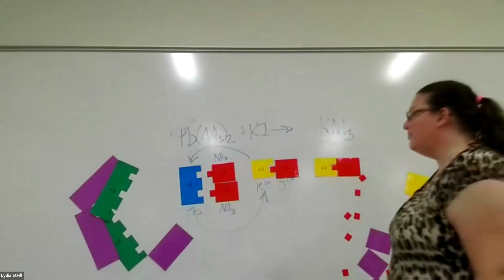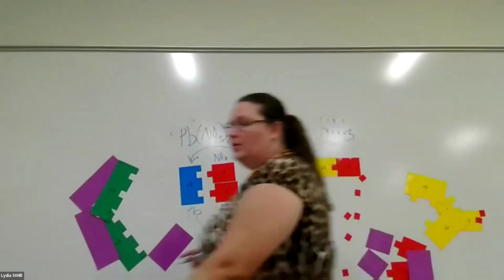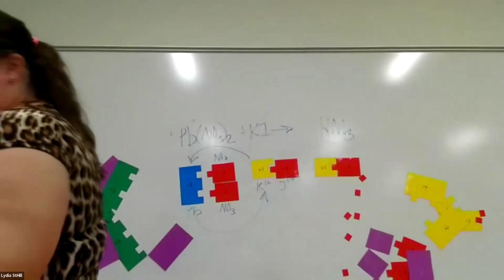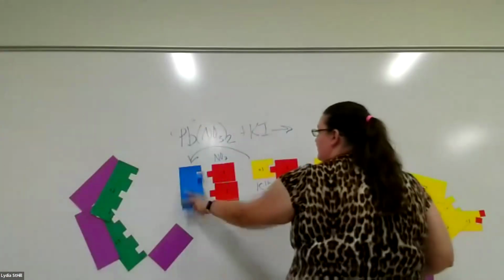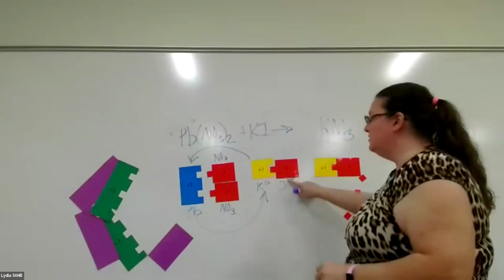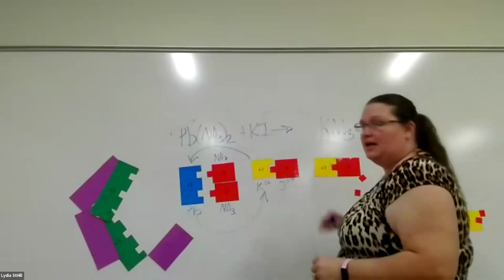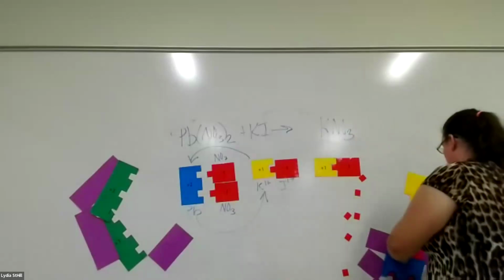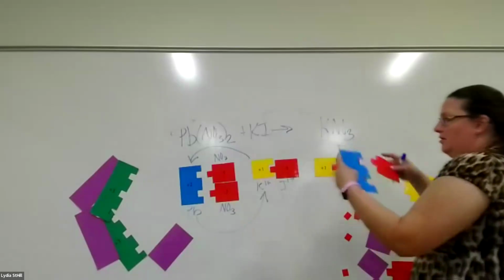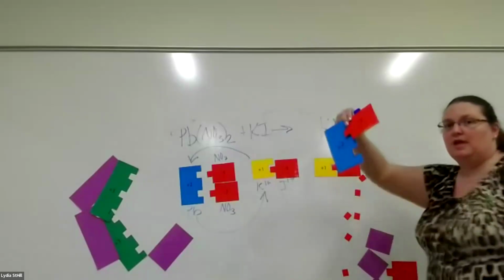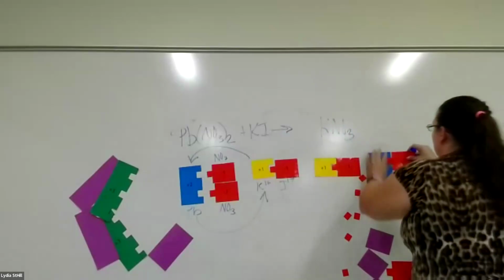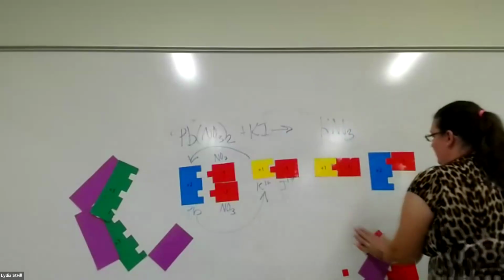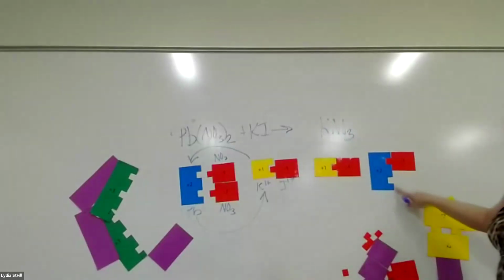Now the next one, I'm going to take my lead, which is a 2+. Here's my lead, and I'm going to bond it with my iodine, which is a 1-. So I'm going to come over here and I'm going to have my lead and my iodine, and I want to place them here. And I want to see that it's got a deficit.